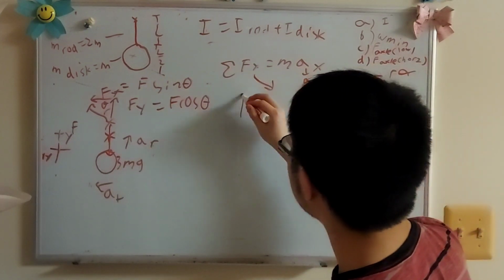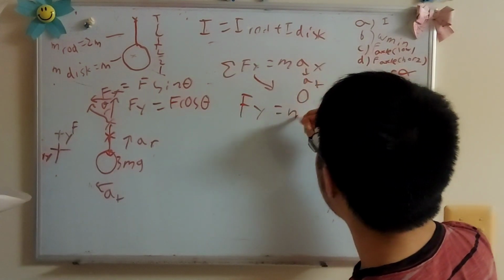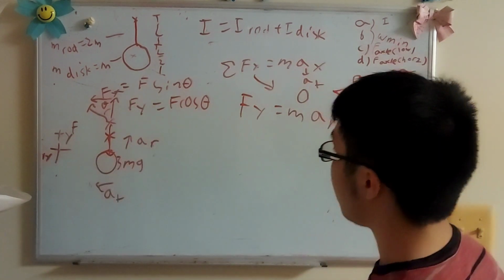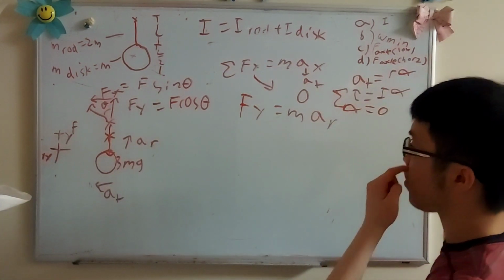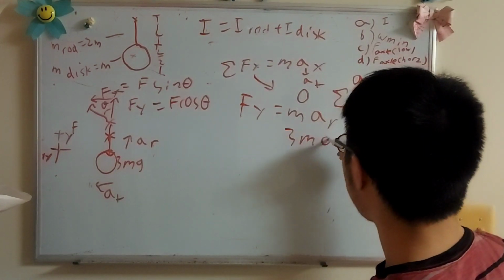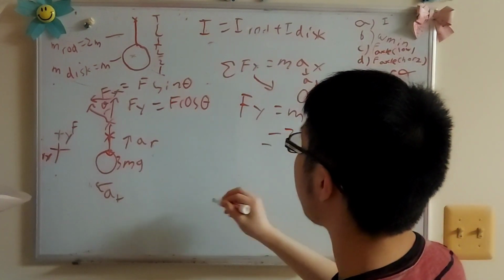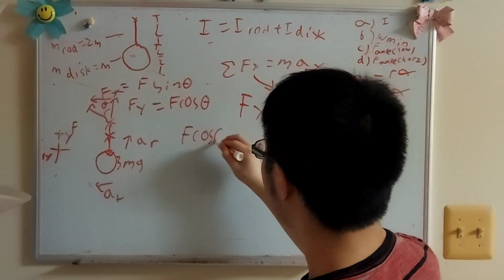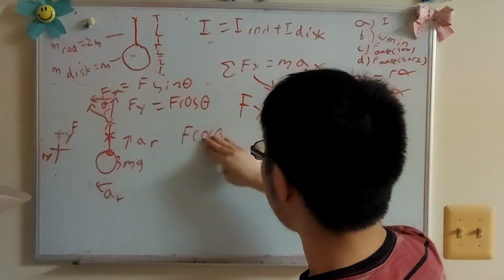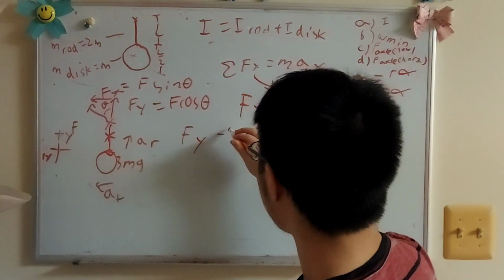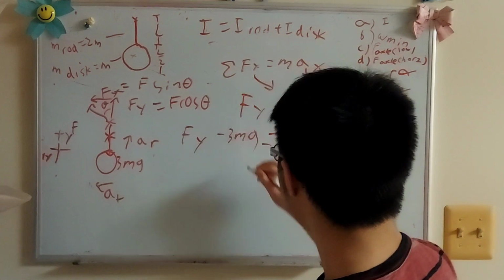Is there a y component? Well, if this is tangential acceleration, that means the y component must be radial acceleration. So 3mAR is going to be equal to the sum of the forces, which is F cos phi, which is F of y, minus 3mg.